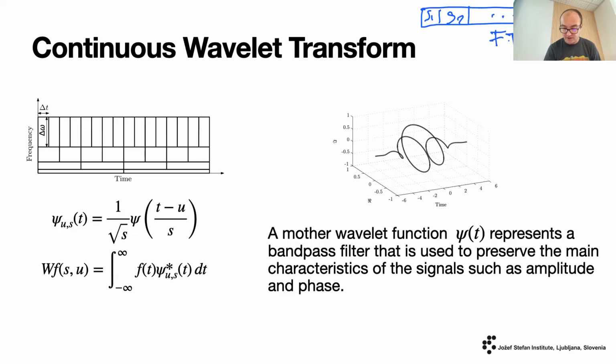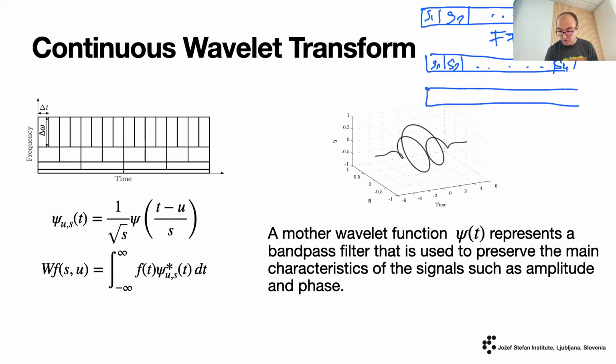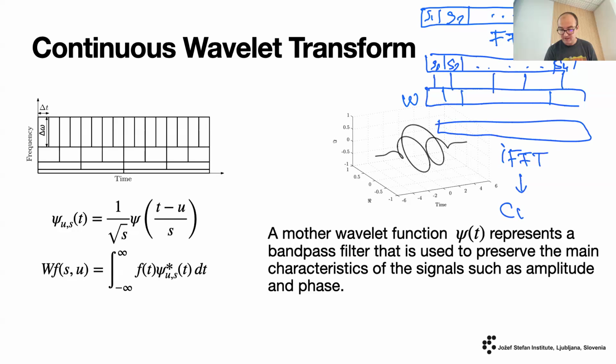Call fast Fourier transform in whatever program you are using, and you are going to get sample 1 in the Fourier domain, sample 2, sample n. Then we know our wavelet. We already have this wavelet matrix, and we multiply this with this, like simple multiplication. The resulting multiplication, we do inverse Fourier transform, and we get the actual result, which is called continuous.